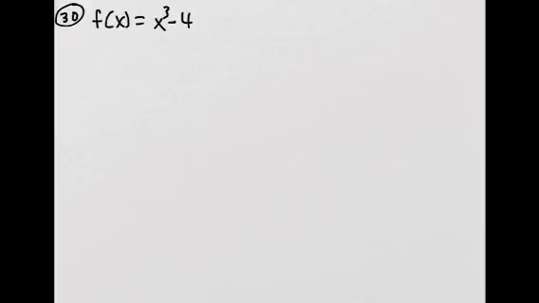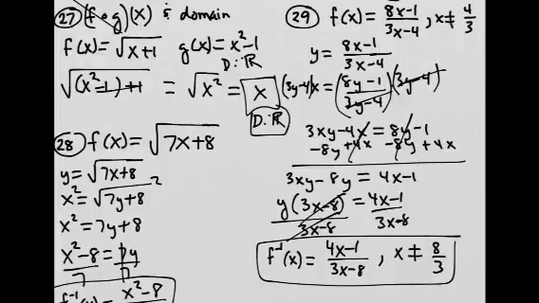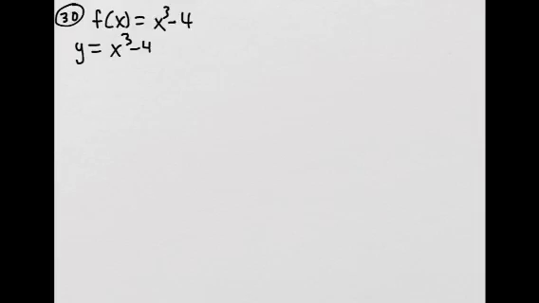Okay, another inverse function problem. So y equals x cubed minus 4. Oh, I'm sorry. Switch the x and the y. Now I'm going to add 4 to both sides.